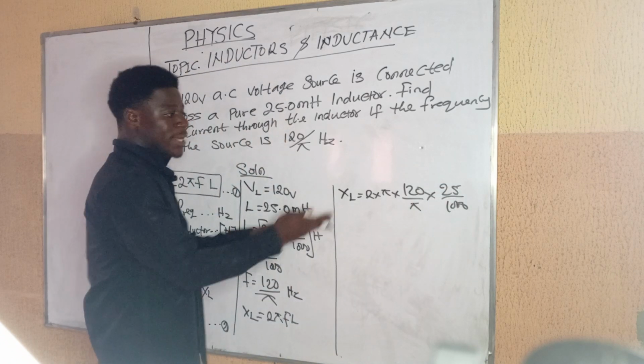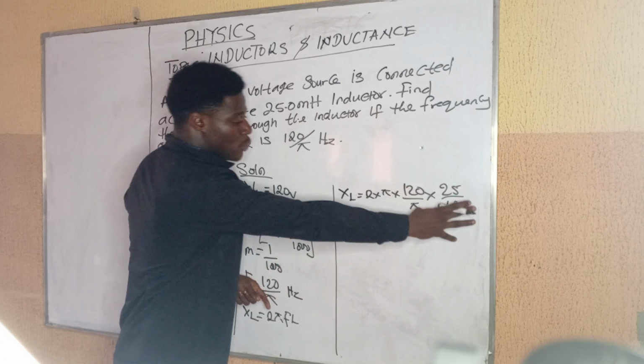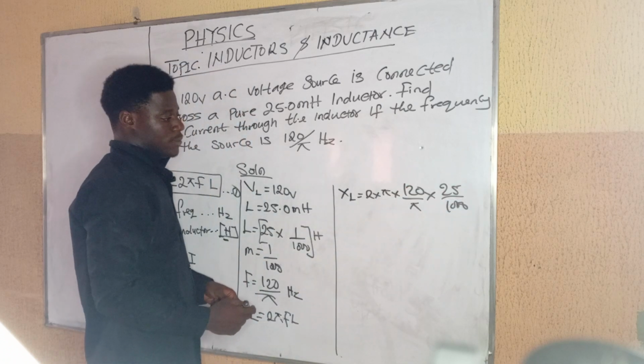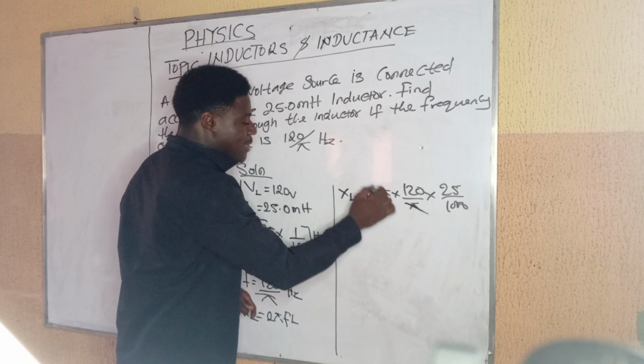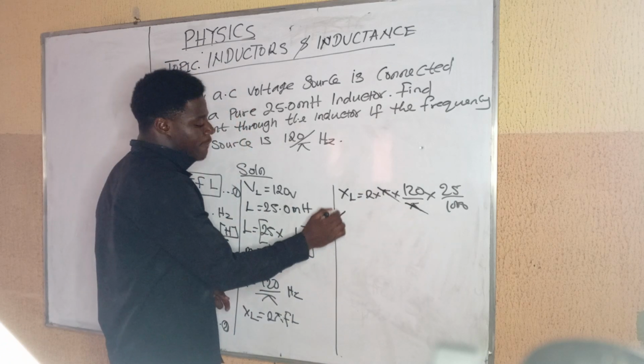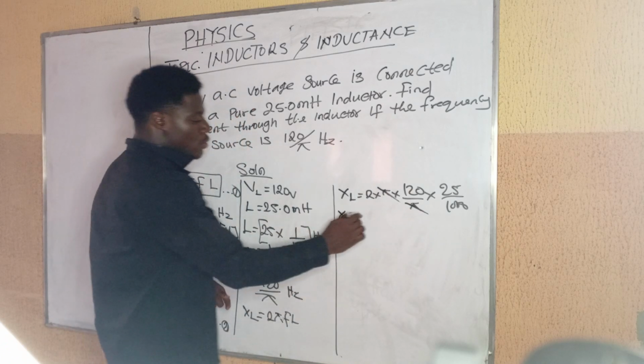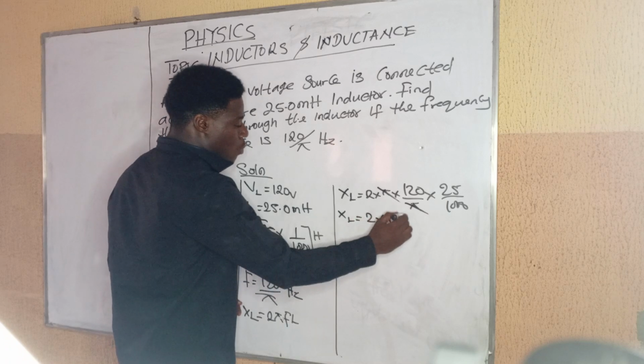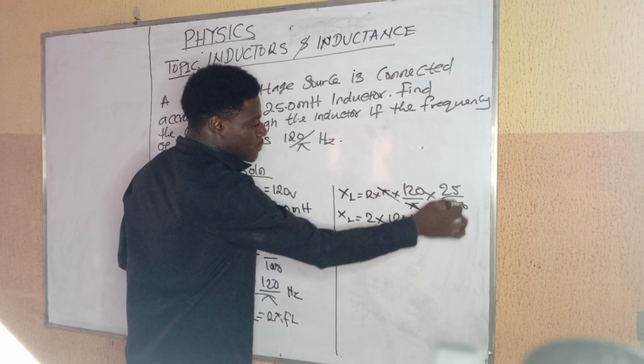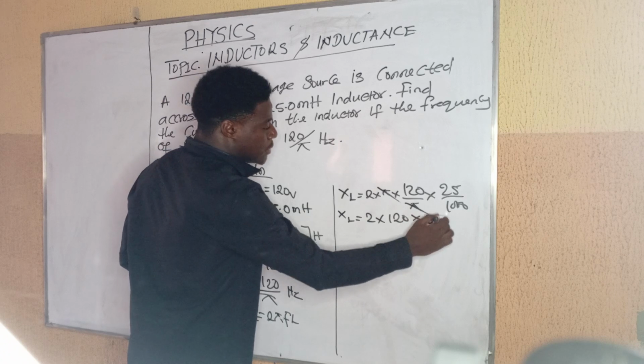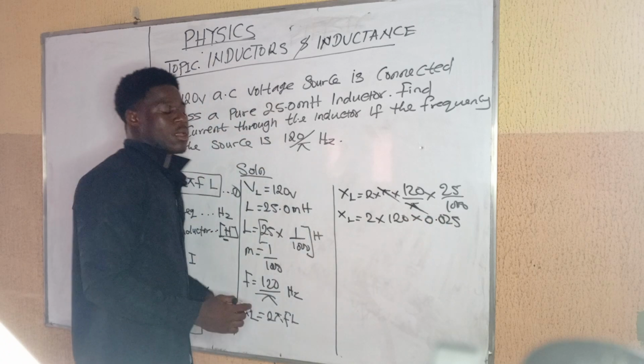Because 25 times 1 is 25, we have 25 over 1000, and pi can strike out pi. So I have XL equals 2 times 120 times 0.025.